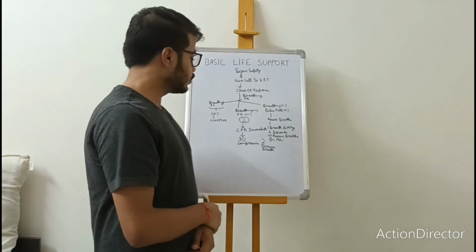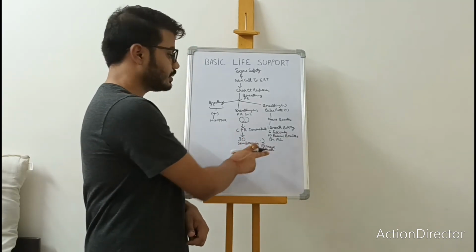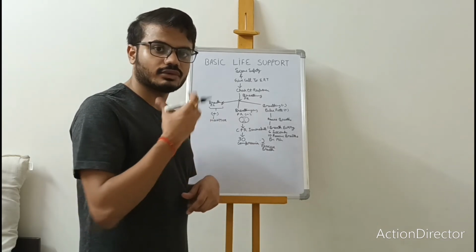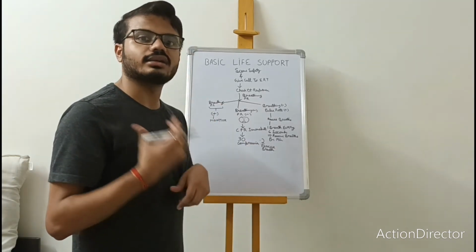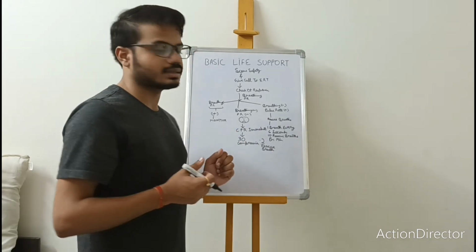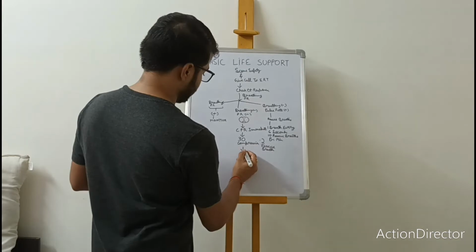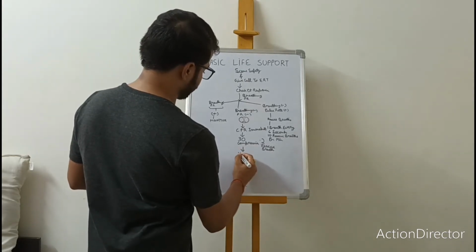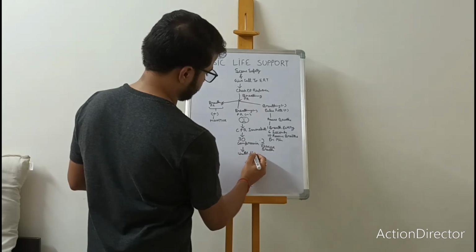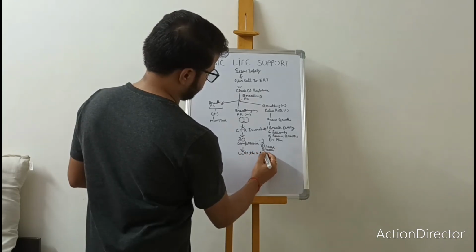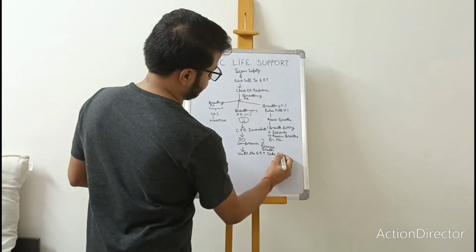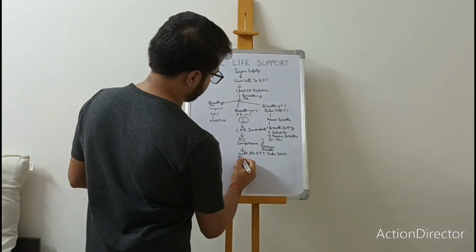So 30 compressions you give properly, and then you give 2 rescue breaths. And till when will you continue the process? Until the emergency response team takes over or arrives.